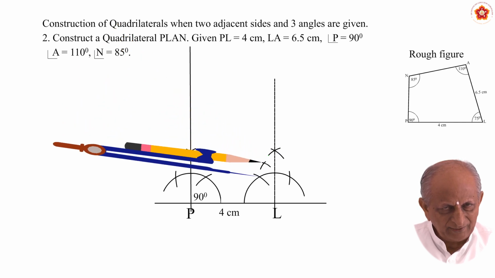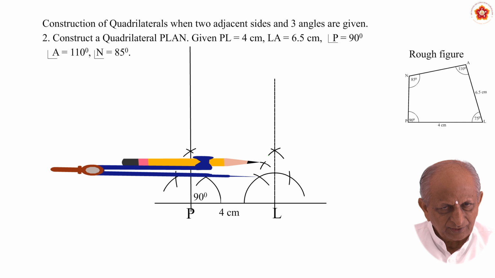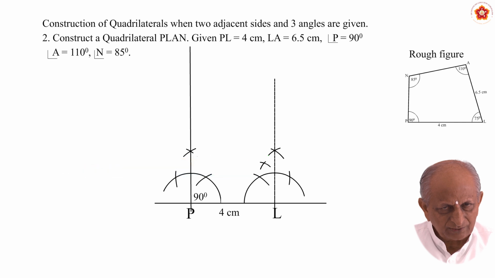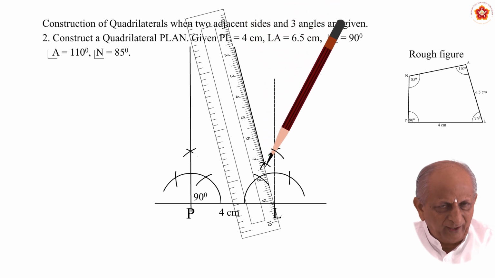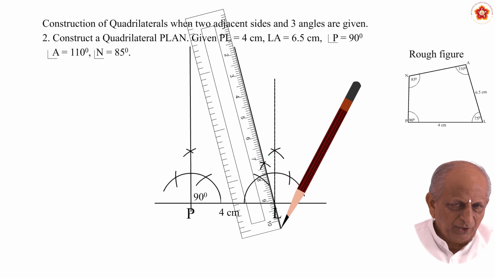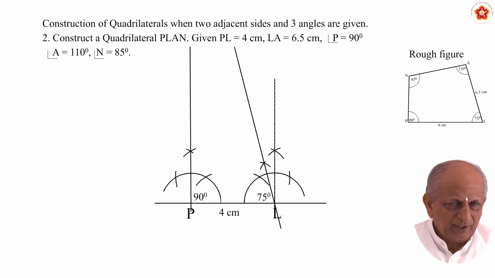Take a compass, take the two arcs and let these two arcs cut at a point. This line angle will be 75. How did we get 75? 75 is the angle in between 60 and 90.